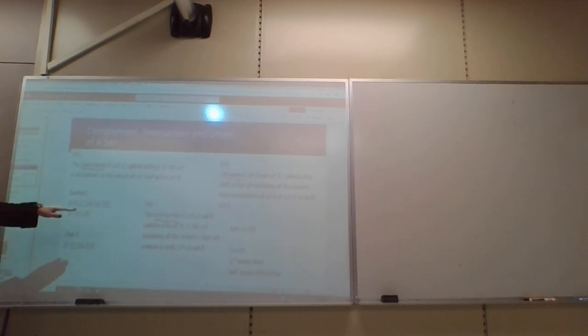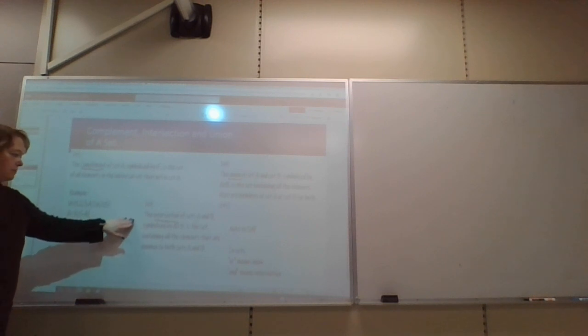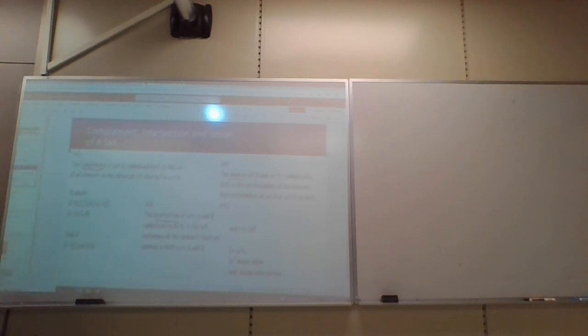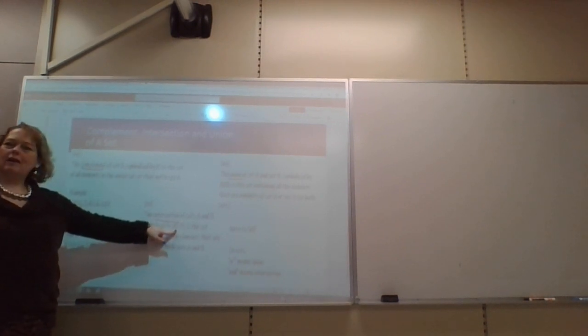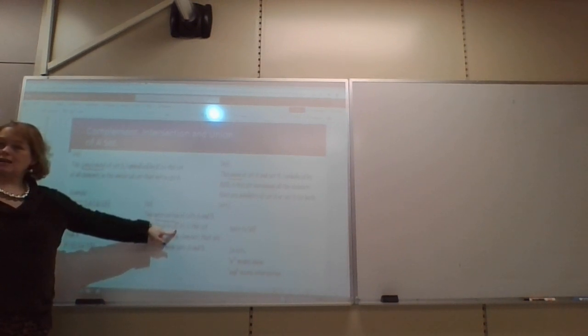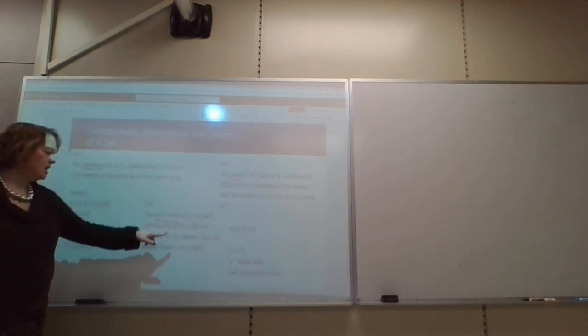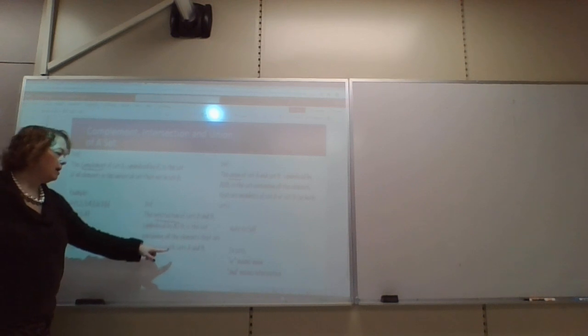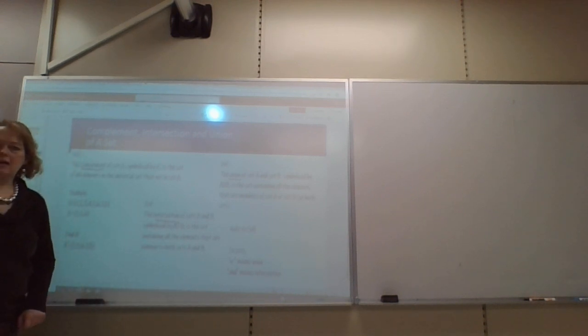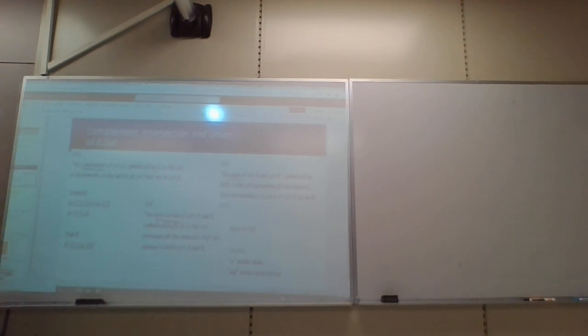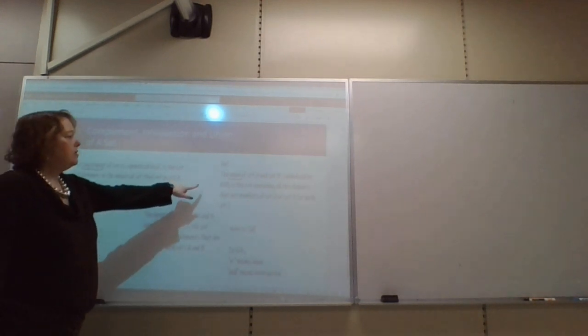The next thing is we have the intersection. The intersection of sets A and B is symbolized, and yes, I think it looks like a horseshoe. It's kind of an upside down U. It is a set that contains all the elements that are common in both set A and set B. Then we also have the union.